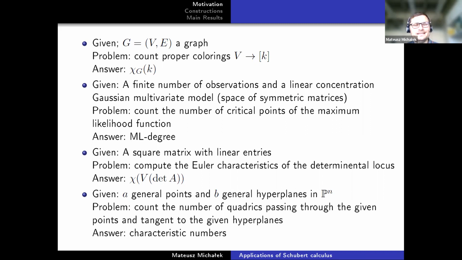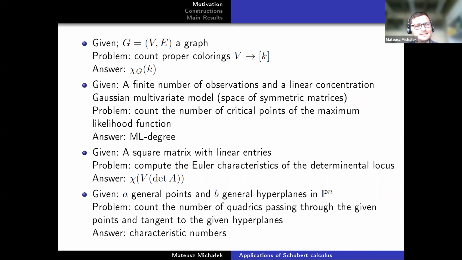Well, this is a variety, so it's a topological something, but it's certainly not a number. So how do we extract a number in topology? Well, there is this well-known Euler characteristic, which associates to not only a manifold but also to a variety an integer, maybe not positive. And we could ask, for example, for the Euler characteristic of degenerate matrices in our linear space. This would be a number that tells us something about this space.